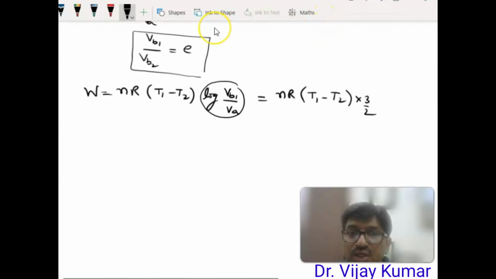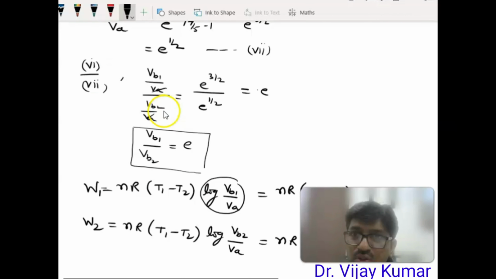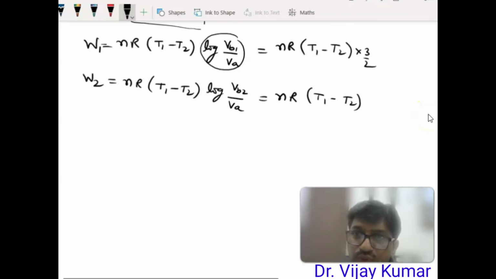And similarly we can determine W2, which is equal to nR (T1 minus T2) log VB2 upon VA, and from this equation, e to the power half. If we take log, then it becomes half. So log VB2 upon VA should be half.